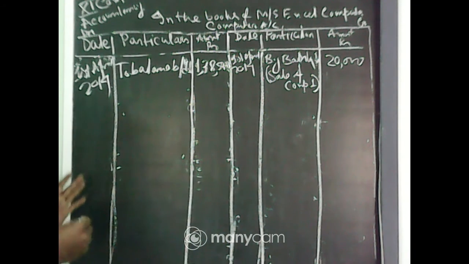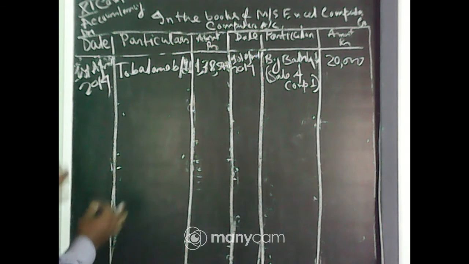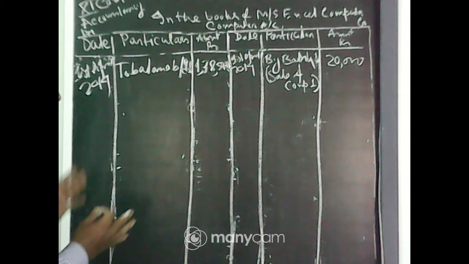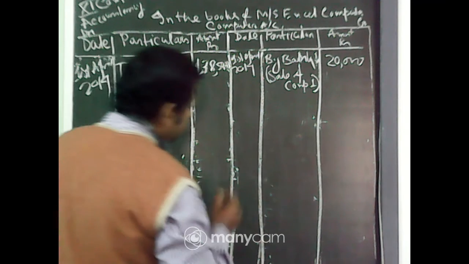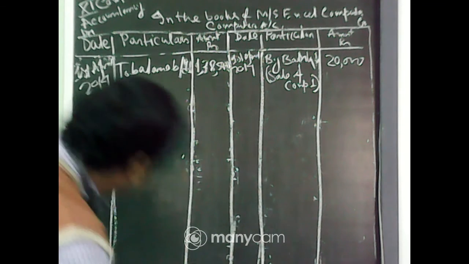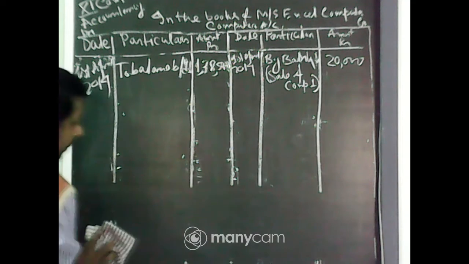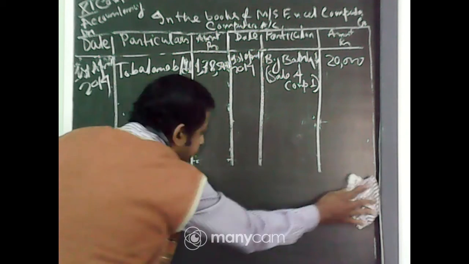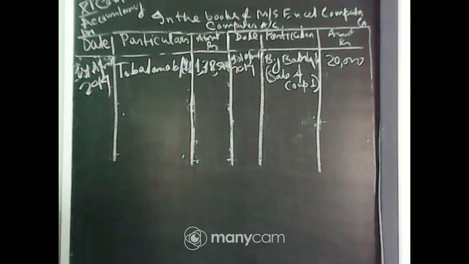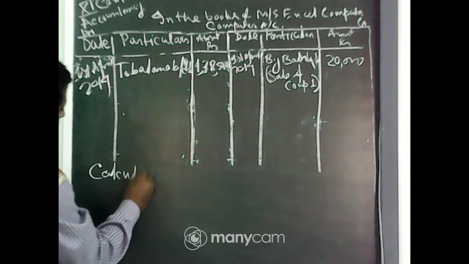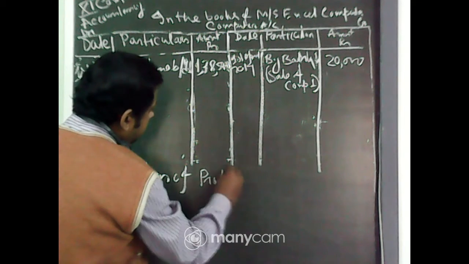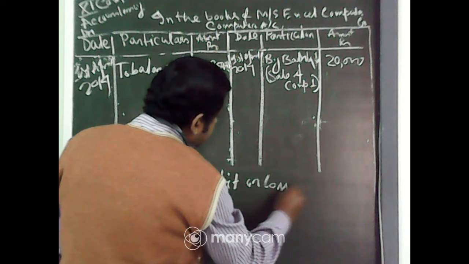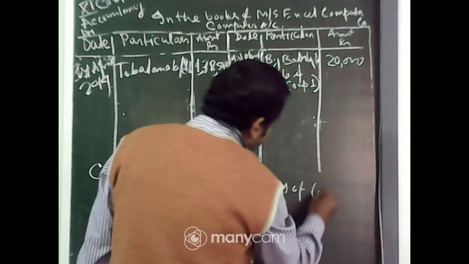The working is very important here. When you sell some machinery, or one computer, whatever it may be, you are selling the asset. Now, calculation of profit or loss of computer 1.